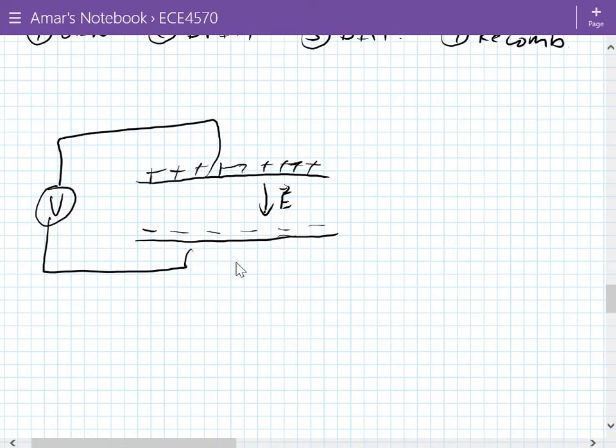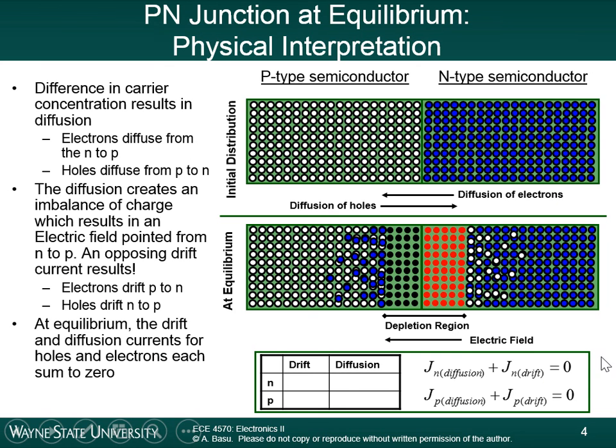You build up positive charge on one plate and negative charge on the other plate, and you have an electric field that points from the positive charge towards the negative charge. Similarly, in this region, we build up an electric field that points from the positive charges, the red circles, to the negative charges, the black circles. So this electric field is pointed from right to left.